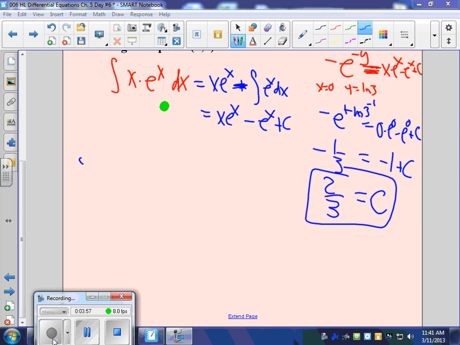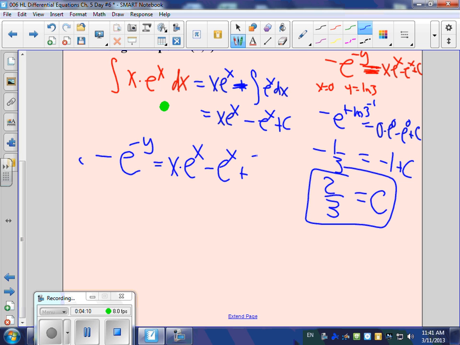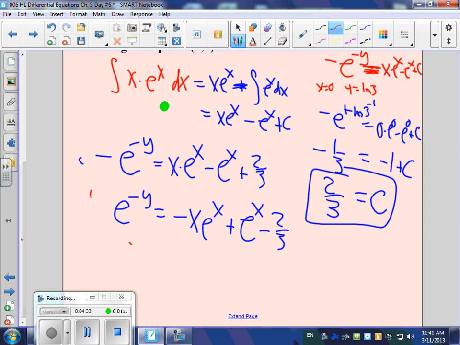Next, once you have that, go into the original equation here: the minus e to the minus y equals x e to the x minus e to the x plus 2/3. We're going to solve for e to the y first. So I'm going to get e to the negative y equals negative x e to the x plus e to the x minus 2/3. I just multiplied everything by a negative. And then the last thing that you could do, if you solve for y, is just take the natural log of both sides.